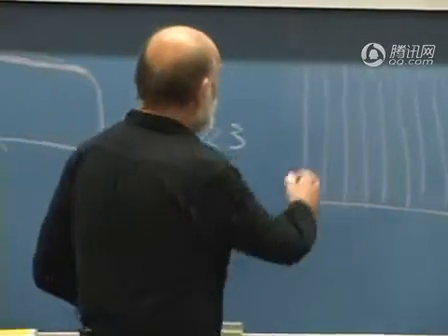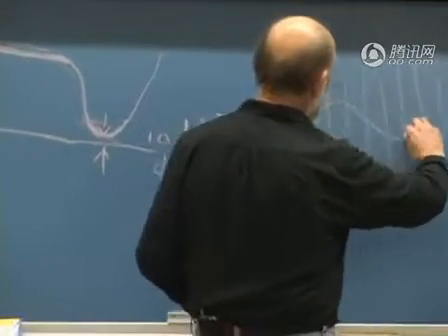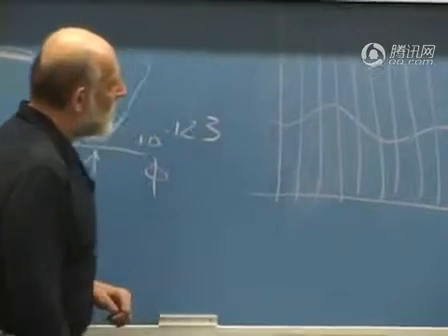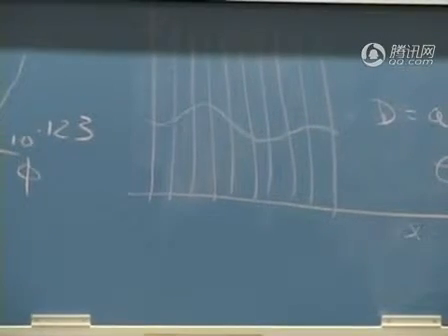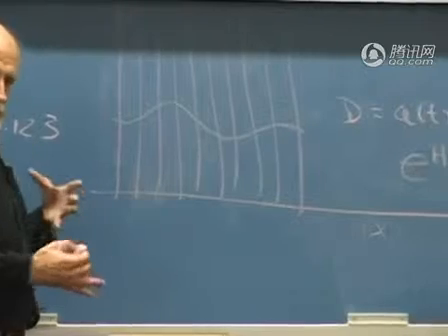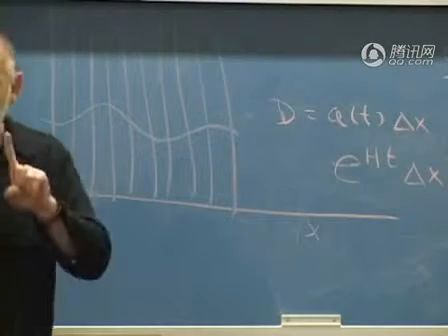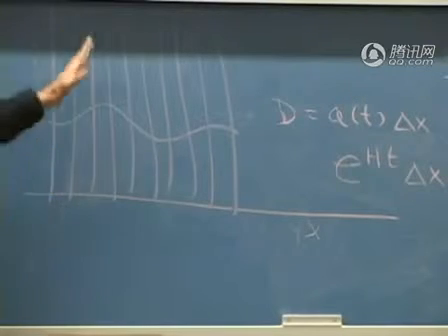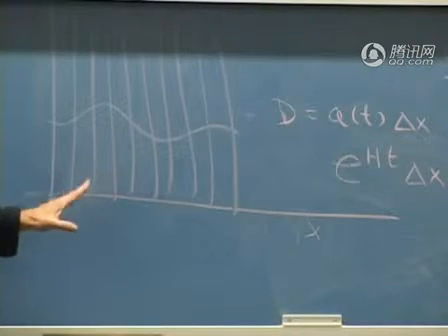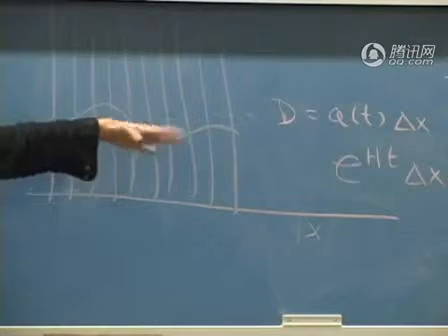Now, what happens to a wave in here? What happens to a typical wave as the universe expands? It gets stretched out, but in these coordinates it's not stretched. In these coordinates it stays more or less the same with time.